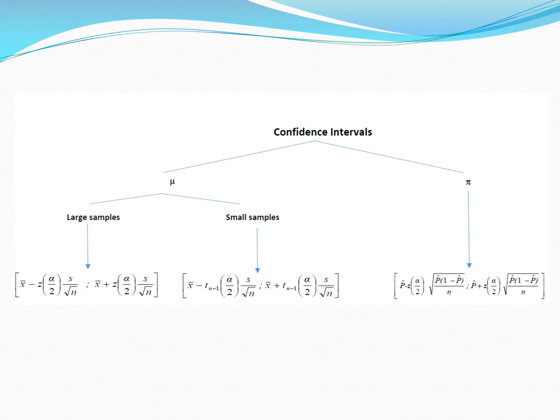So in this section, we are going to look at confidence intervals for the population mean when we are working with small samples, so sample size less than or equal to 30, and then also confidence intervals for the population proportion. And in this module, we only do confidence intervals for population proportion when we have large samples.